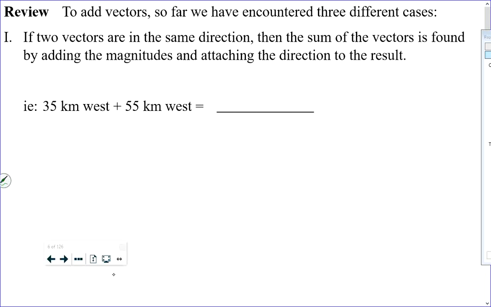So adding the vectors here is accomplished by adding the magnitudes. And you get 90 kilometers west, right? Piece of cake. So simple, in fact, that this question doesn't even belong in Physics 30 or 20 or Science 10. It's obvious what the answer is. It's a junior high science problem, maybe even an elementary science problem.